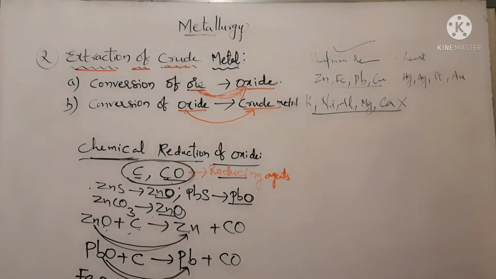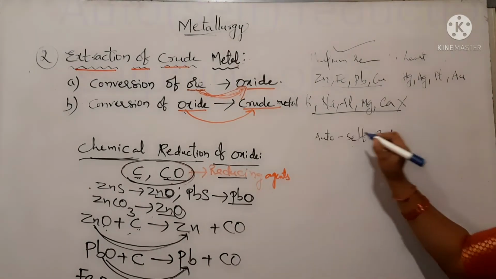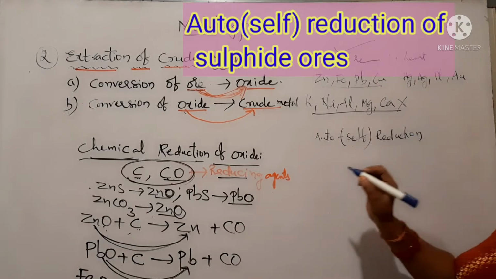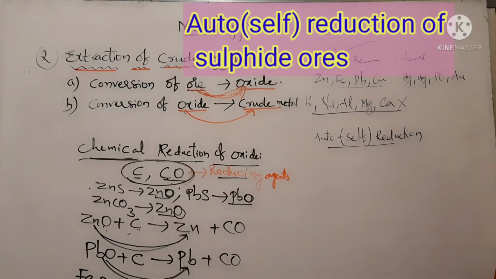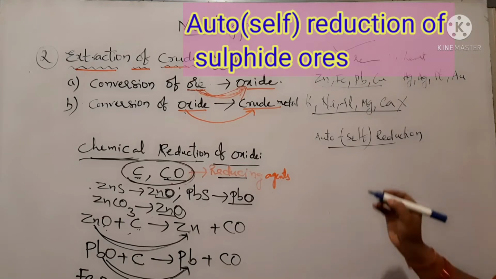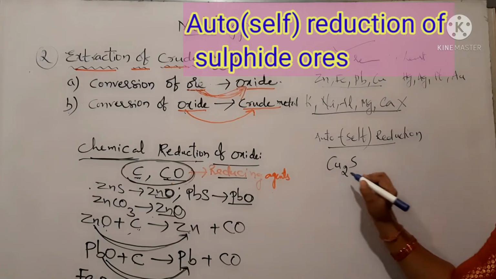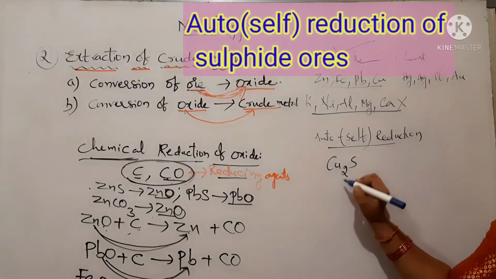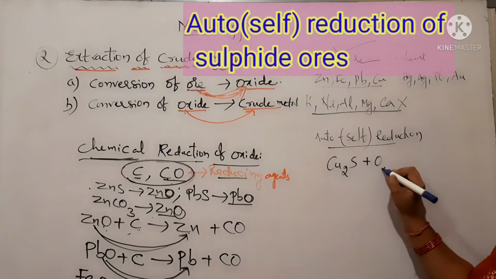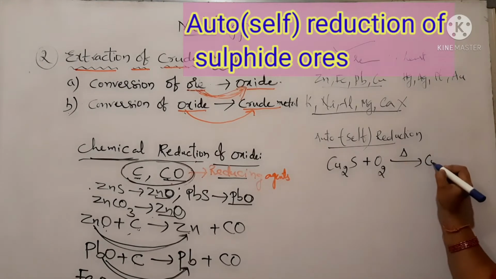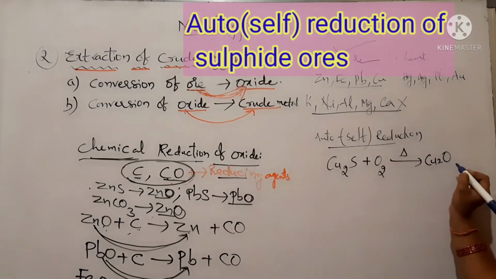Or there is one more method which is called auto or self reduction. In auto or self reduction, you take a sulfide ore like Cu2S. Okay, as this is a sulfide ore, first you have to heat this ore in the presence of oxygen to convert this sulfide ore to oxide.